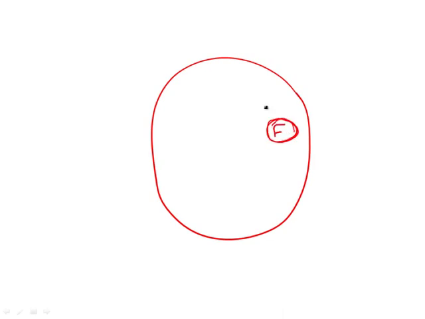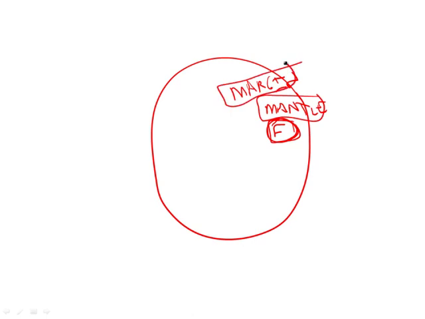Outside of the follicle, you have a region called the mantle. And outside of the mantle, you can develop a region called the margin. So these are the three key regions that can be seen in the B area. From each of these regions, we can get a tumor. For example, we can get a follicular lymphoma, a mantle cell lymphoma, and a marginal zone lymphoma.